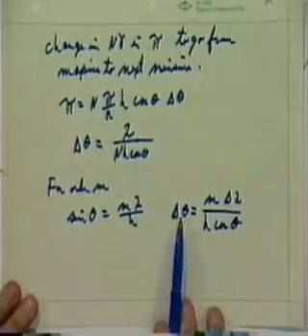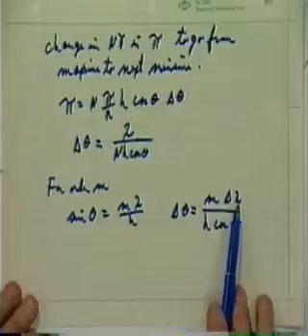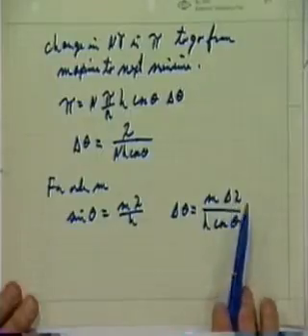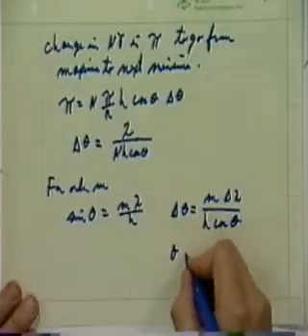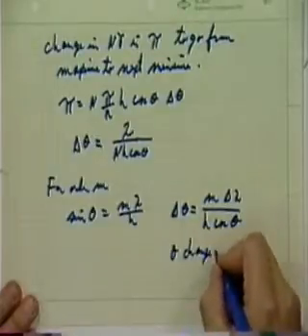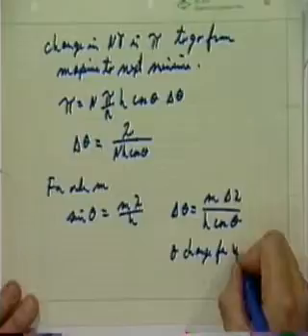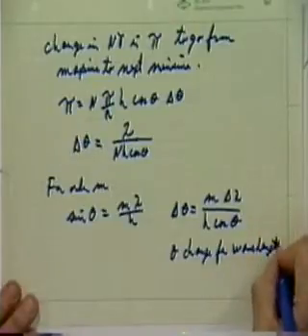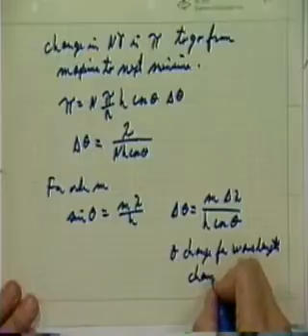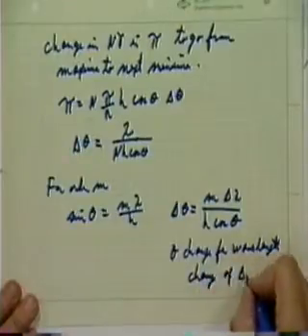So that's a change in angle as we change the wavelength by amount delta lambda here. So theta change for wavelength change of delta lambda.